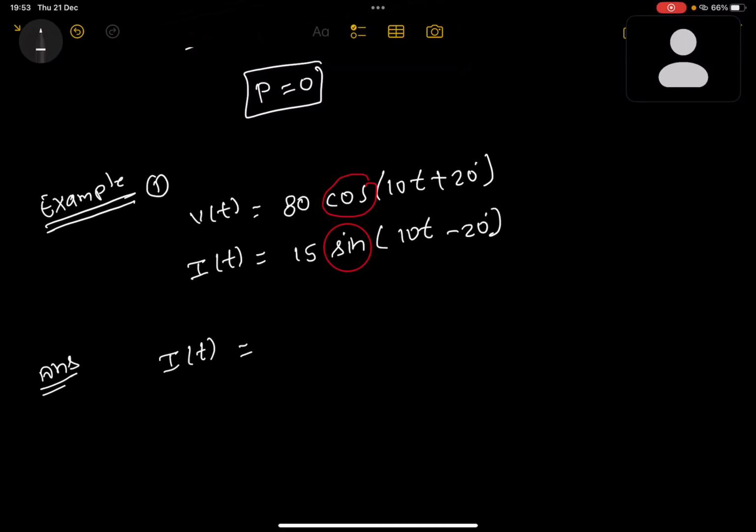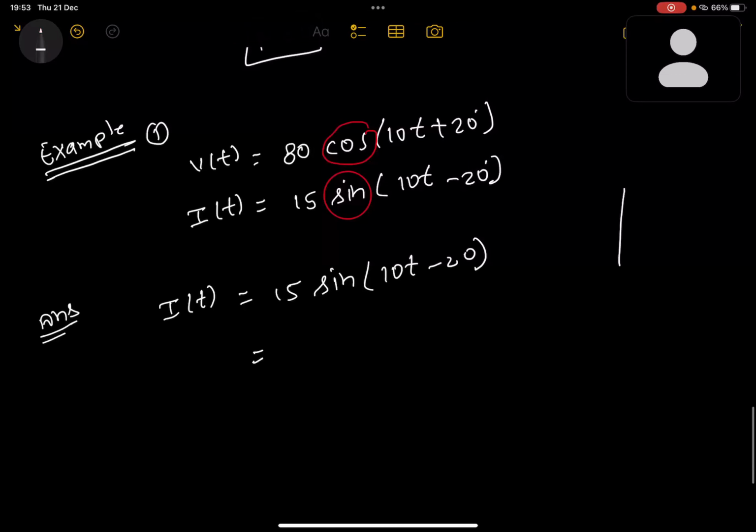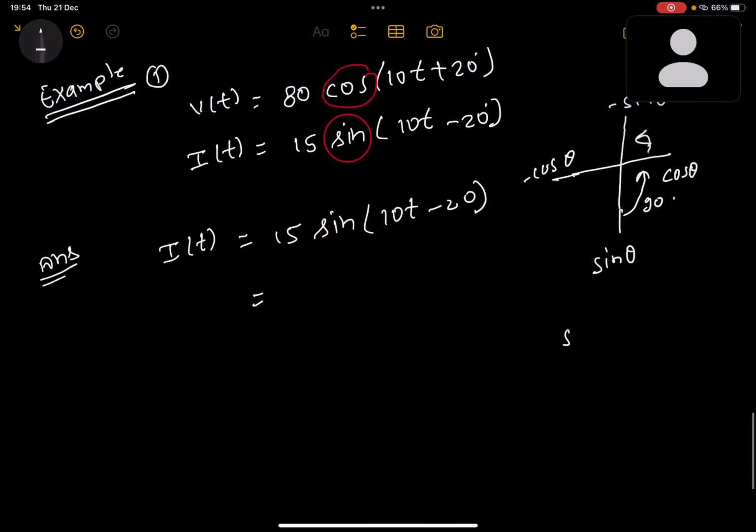I'm giving you a concept: here is sine theta, here is cos theta, minus sine theta, minus cos theta. Each step is 90 degrees. If you convert sine of omega t plus or minus theta to cos, you have to go the same way, minus 90 degrees.